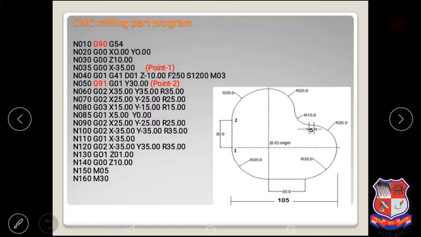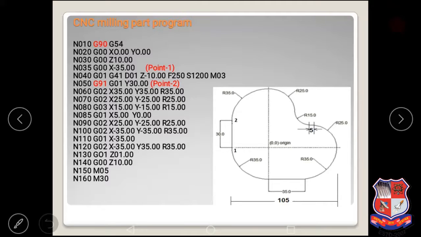So there are 3 important factors to write a milling program. The first is the programming mode, absolute or incremental. We are free to use any of them. Second is the part origin, whether it is given or not. Here in this case, the part origin is given in between the part, and that is not our standard practice of left bottom corner.